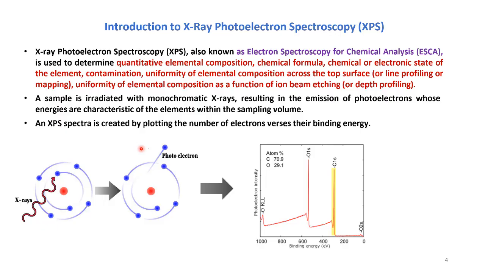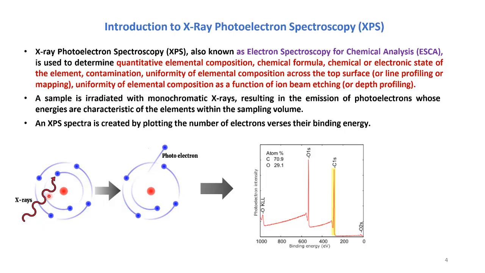Then a sample is irradiated with a monochromatic X-ray, resulting in the emission of photoelectrons whose energies are characteristic of the elements within the sample volume. So an XPS spectrum is created by plotting the number of electrons versus their binding energies. So here we have the binding energy on the x-axis and the photoelectron intensity on the y-axis.